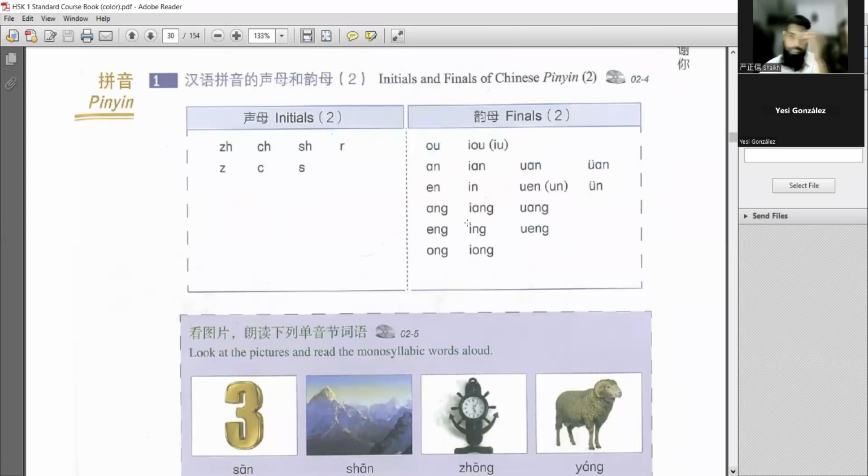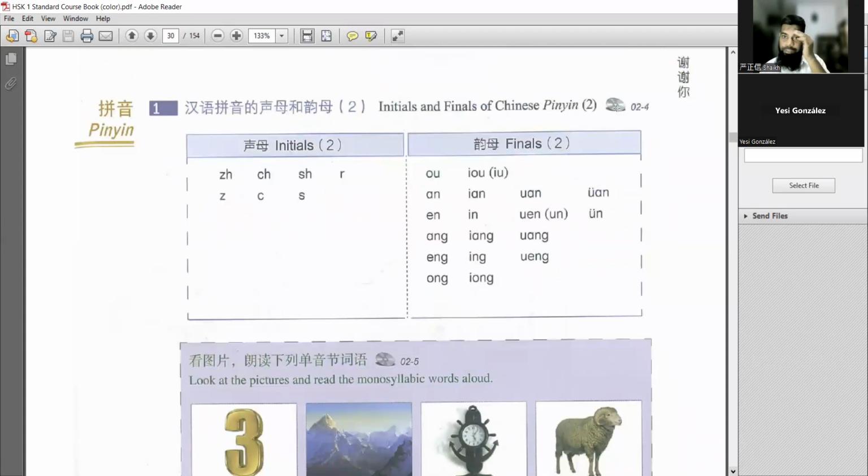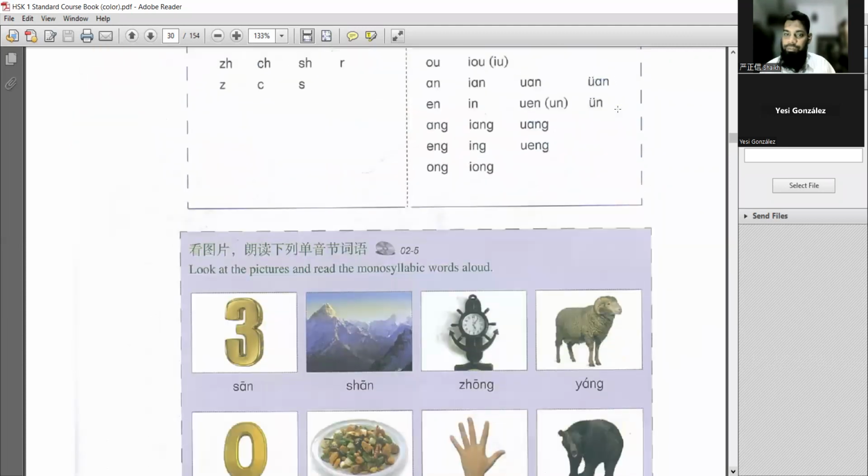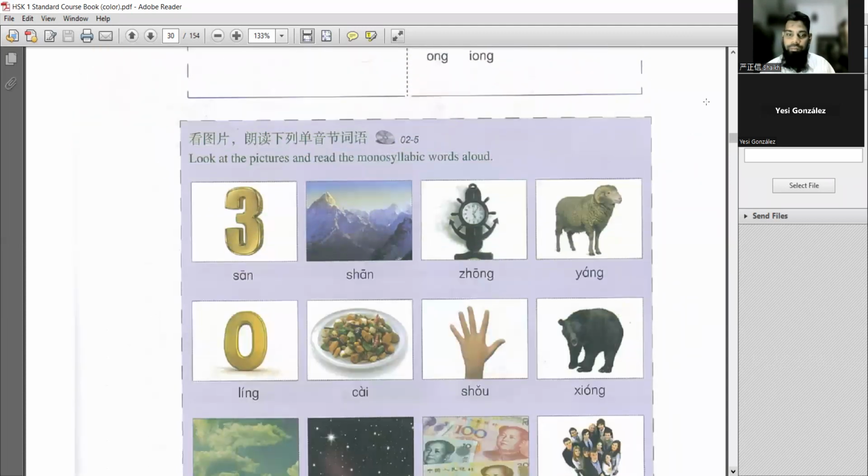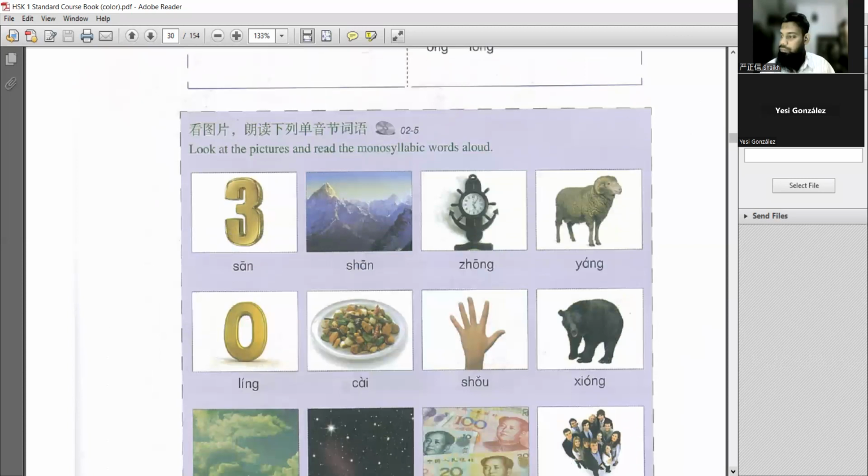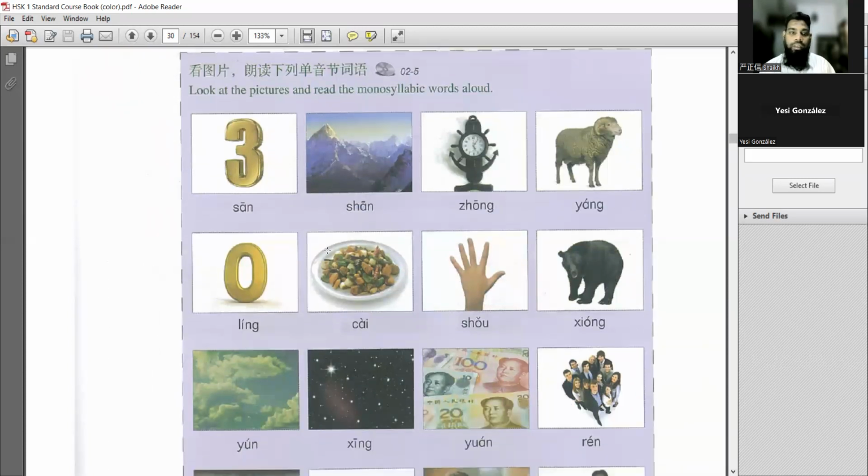Okay. I will also send you the audio so that you could listen to it with the native speaker and you can catch the sound. Okay. So these are some of the words which we are going to practice.